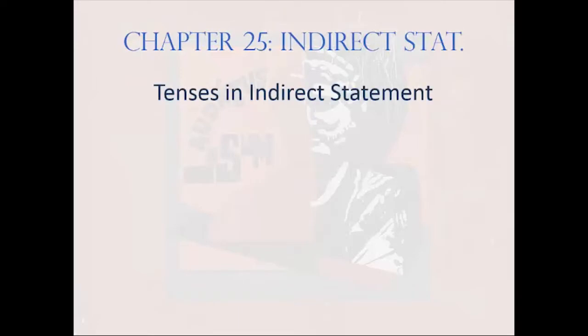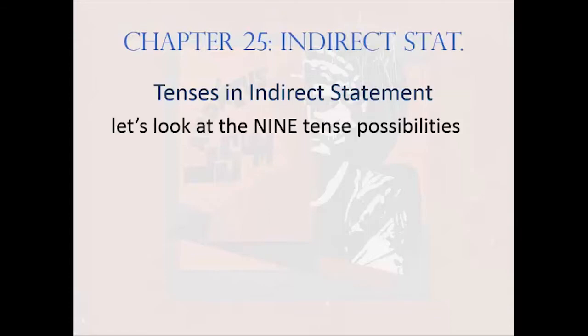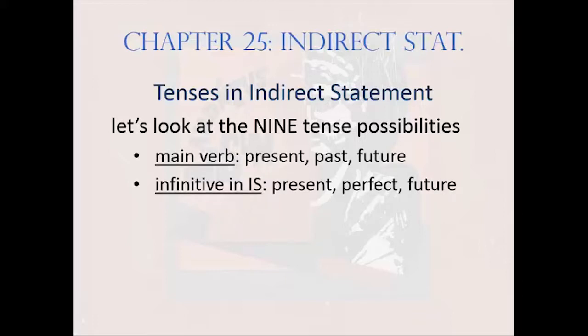When in doubt, teachers always resort to charts, so let's chart out indirect statement. There are 9 possibilities, because the main verb can be present, past, or future, and the infinitive can be present, perfect, or future.